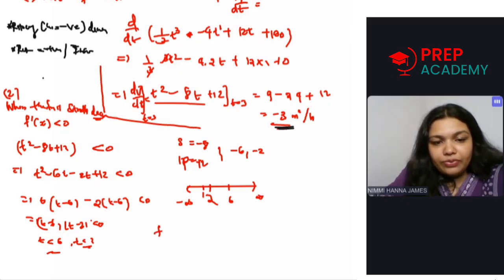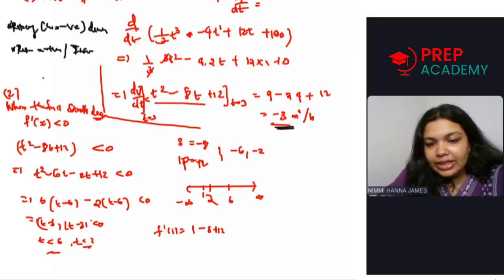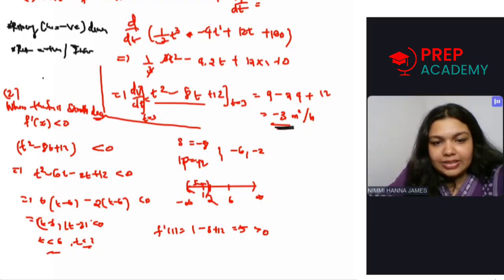So f dash of 1 is 1 minus 8 plus 12, it is 5. So this is greater than 0. So in this bracket, it is an increasing function.